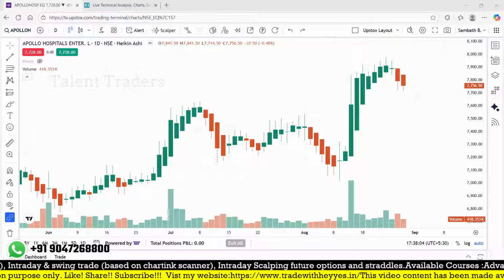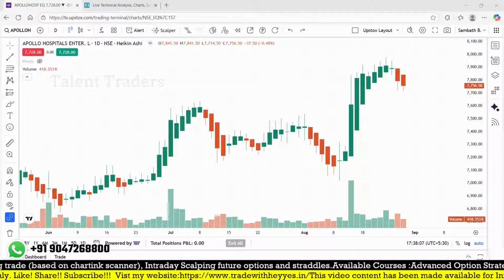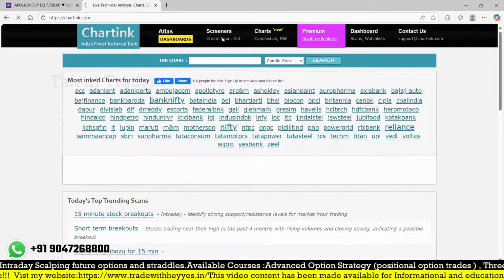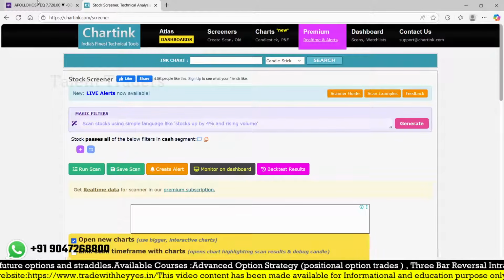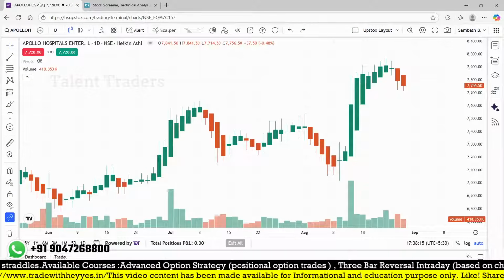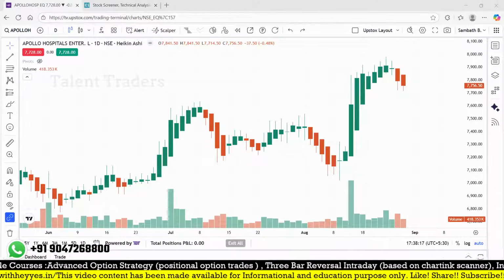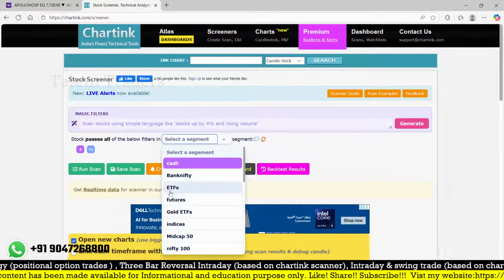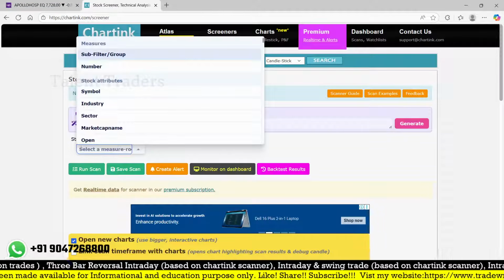Okay, let me try to create that scanner. We are comparing 3 days. While creating scanners, the conditions should be very clear. If your condition is clear, then we can easily identify the stocks forming such a pattern.